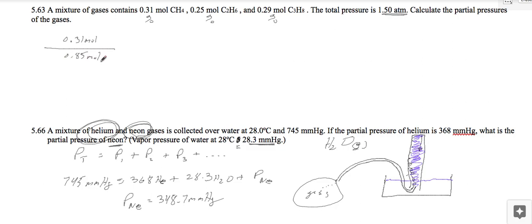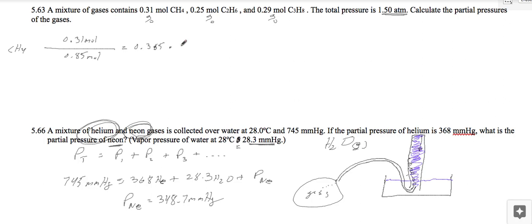Let me double check that, guys. Yep, 0.85. So if we get the percentage here, that comes out to be 0.365. So 36.5% of this gas is methane.